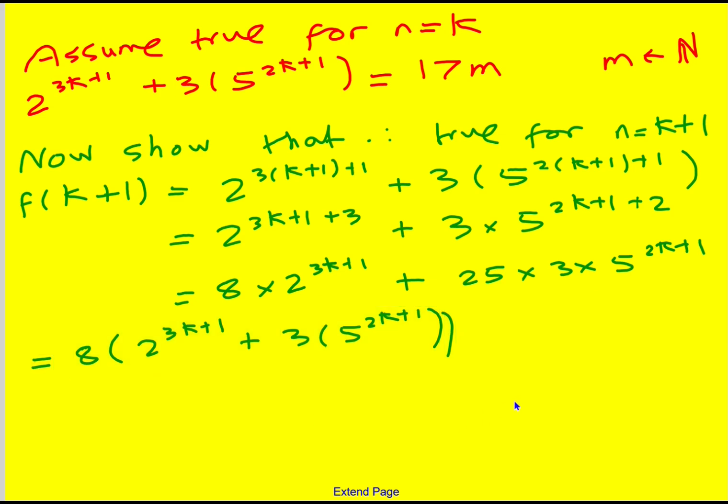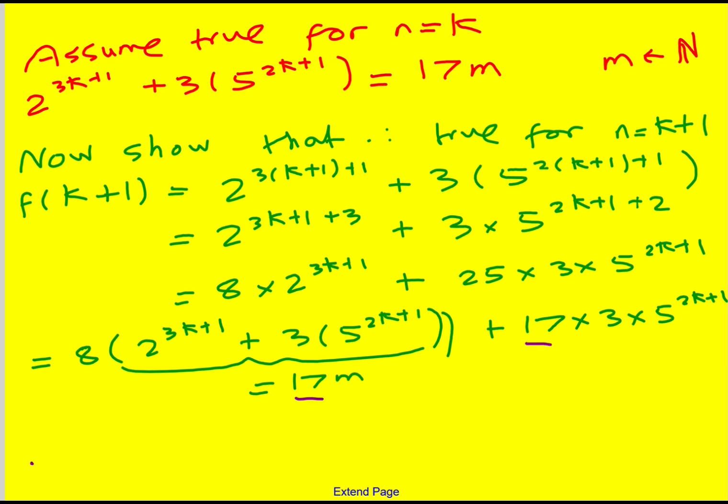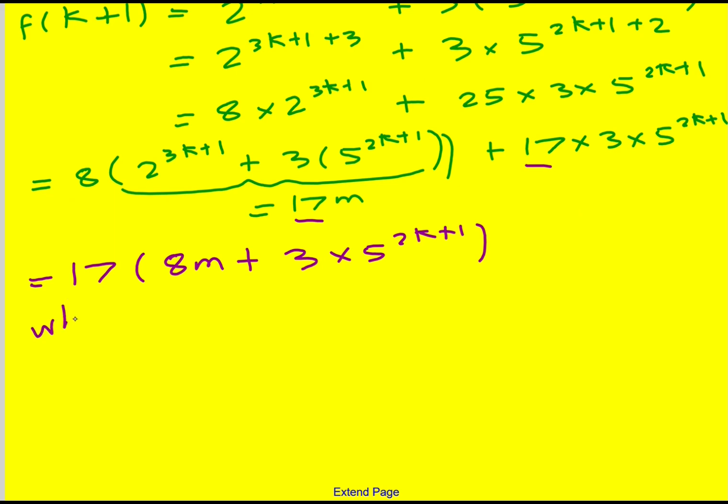But of course I'm left with, what is it, 25 minus 8, 17 lots of 3 times 5 to the 2k plus 1. So this thing here is equal to 17m. But check it out, I've got a 17 here, a 17 here. I can factorize out 17. 17 times 8m plus 3 times 5 to the 2k plus 1, which is divisible by 17.